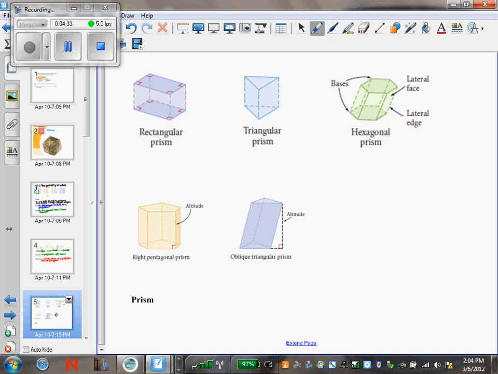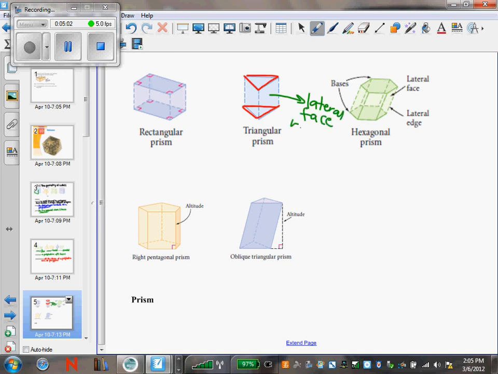If you look at these pictures, these are all prisms. They are rectangular prisms if the top and the bottom are rectangles. Triangular prism if the top and the bottom are triangles. So look here, we've already looked at these some. Remember, our lateral faces are rectangles. So remember, we called these lateral faces.